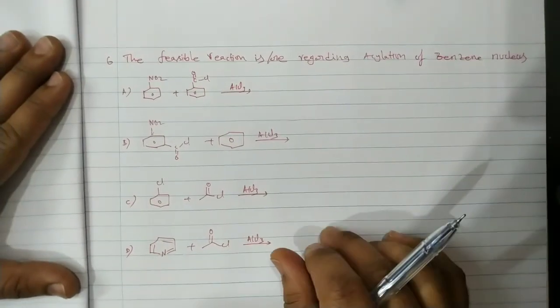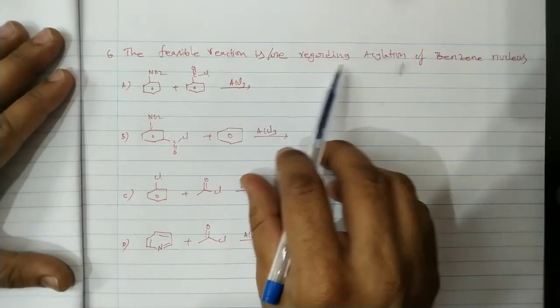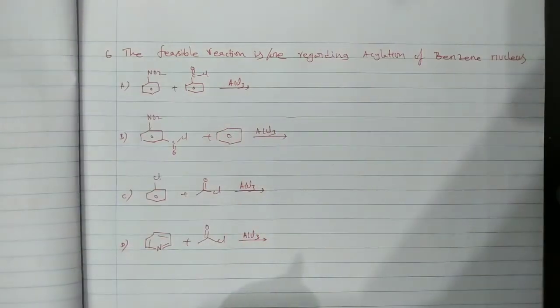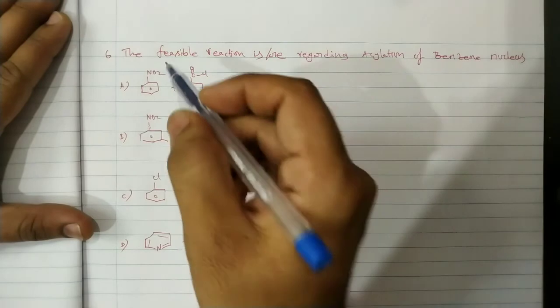And next finally one more reaction, one more interesting question. The feasible reaction is regarding the acylation on the benzene nucleus. So you know that nitrobenzene is not involved in the Friedel-Crafts alkylation as well as acylation.